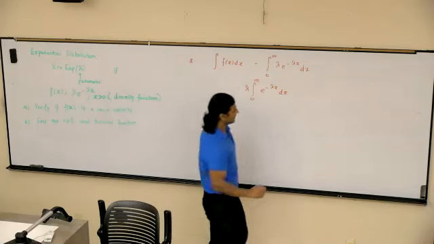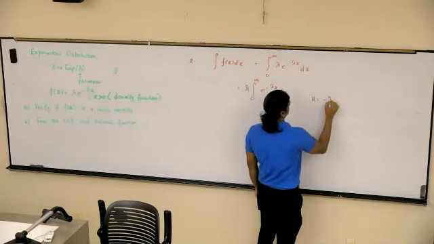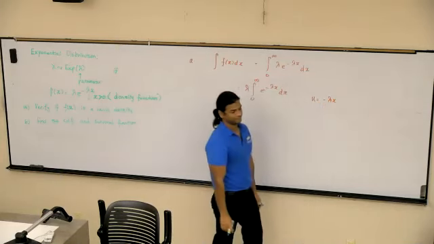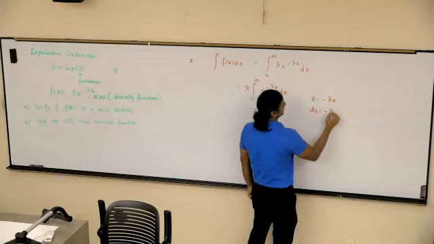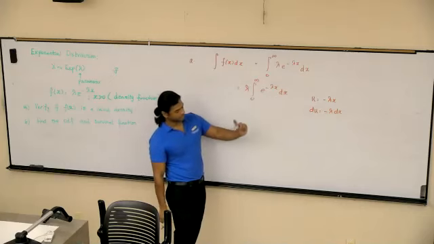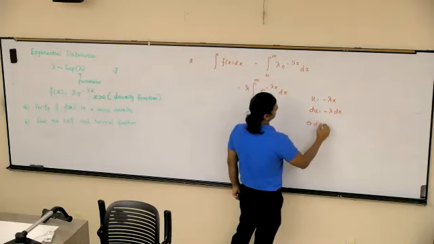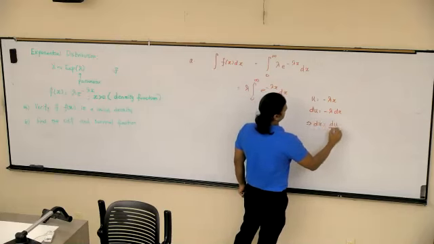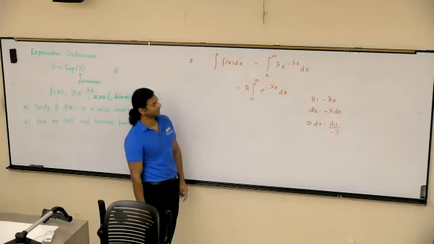If I set u to be negative lambda x, du is negative lambda times dx. So dx would be du divided by negative lambda.